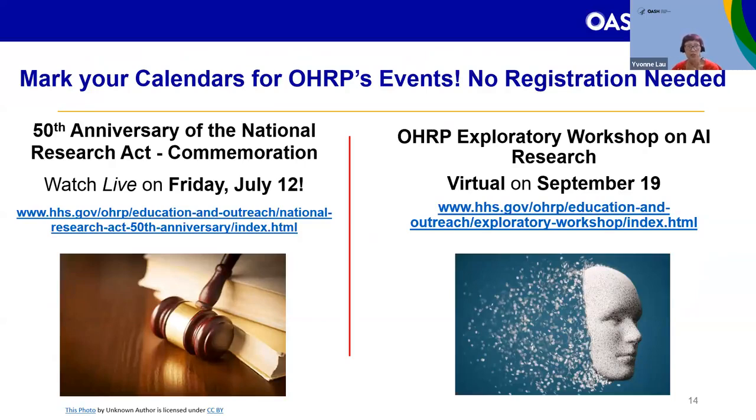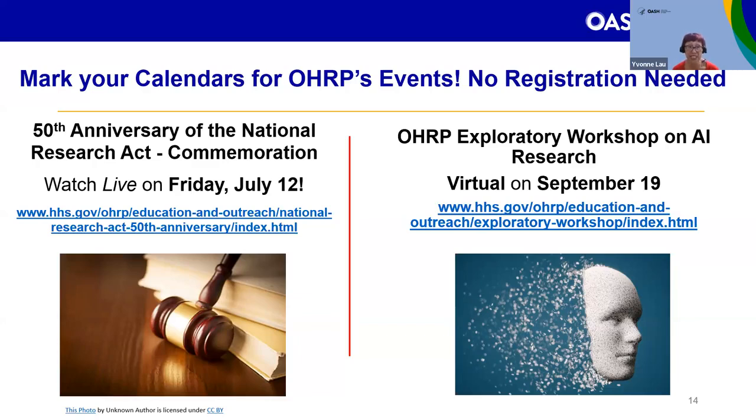Before I leave, I just want to put it out there that there are two upcoming events that you can watch online. The first one is the 50th anniversary commemoration of the National Research Act, from which came about the Belmont Report and subsequent regulations.